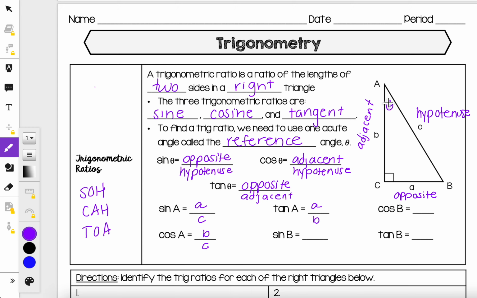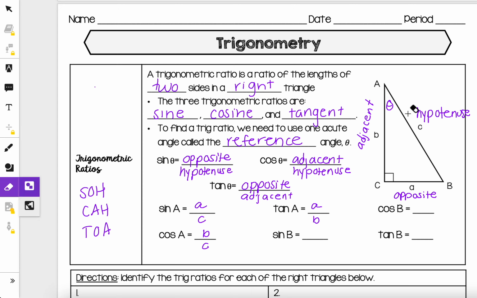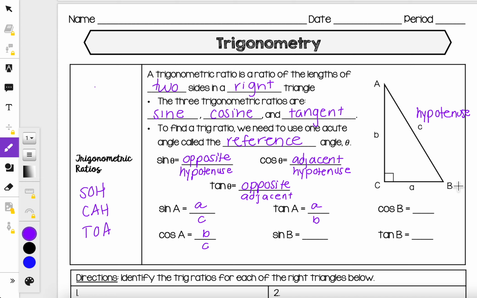My other reference angle could be angle B. So if I change this reference angle to angle B, I'm going to put my little theta there so I know that's my reference angle. My hypotenuse is going to stay the same because your hypotenuse is always opposite your right angle. That doesn't change when you change your reference angle.